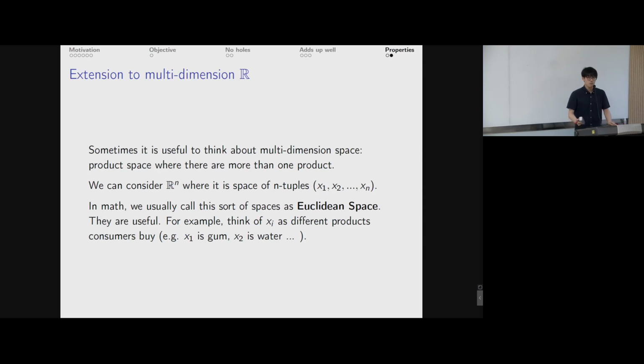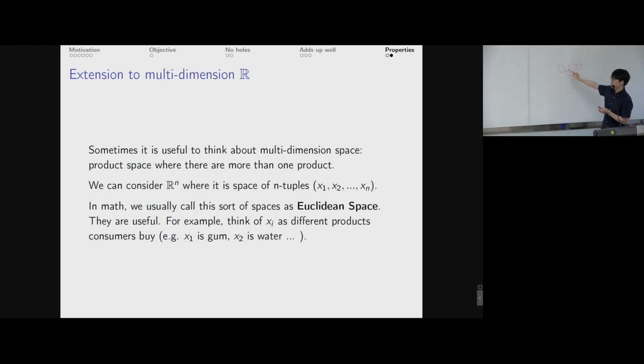And I just want to very briefly talk about the extension to multi-dimensional R. Sometimes it's very useful to think about multi-dimensional space. So for now, we only talked about real numbers where R is just a number. But we can also think about a space of n-tuples of numbers, something like this, kind of like a coordinate.